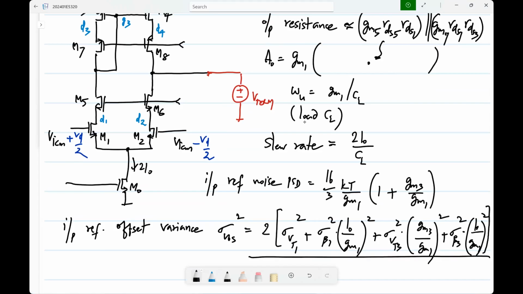Okay. Please verify this, but basically that's what it is. So these things are basically the same, no change, right?